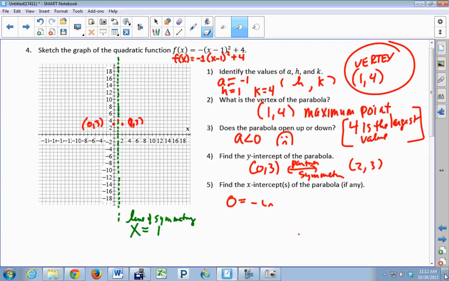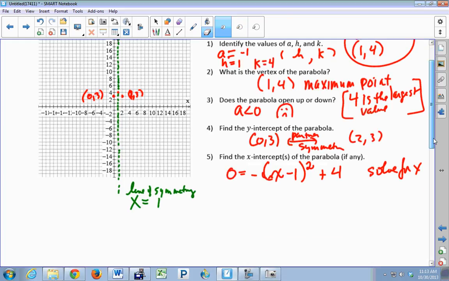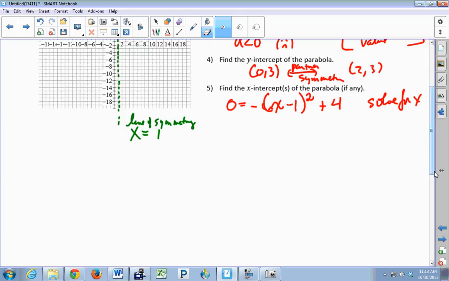Okay, so we got negative parentheses the quantity x minus 1 squared plus 4. So I want to solve for x now. So you got a couple of choices. You can square this whole thing out using FOIL, or you can just set this up and take the square root of both sides once you isolate your square term. So I'm going to subtract 4 from both sides, and I get negative 4 equals negative 1 times x minus 1 squared.